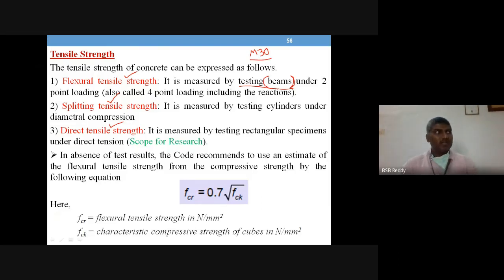You have to prepare a beam of some standard size under 2-point loading, also called 4-point loading, including reactions. Means what? You have to take the loading like this.